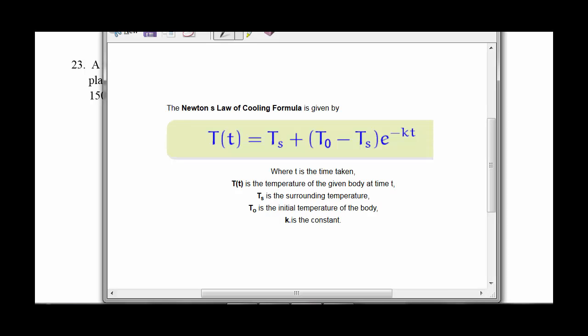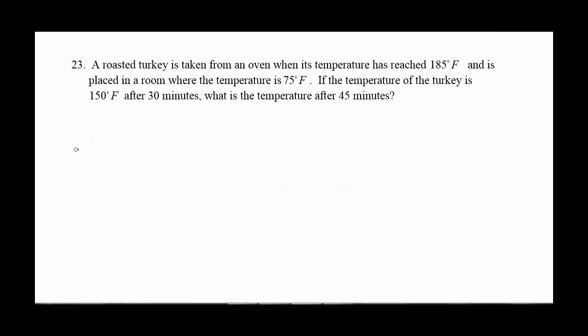First off, I need to know the temperature of the surrounding room. That's our T_s. So I get T of t. What number represents the room temp? The place in the room is 75 degrees.